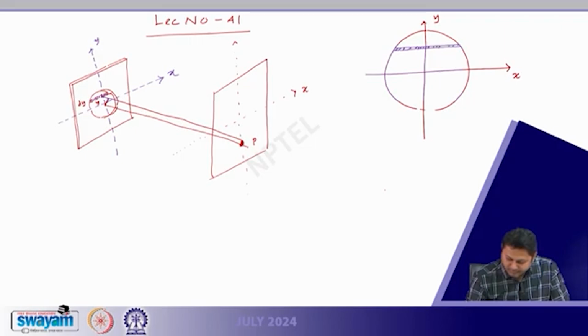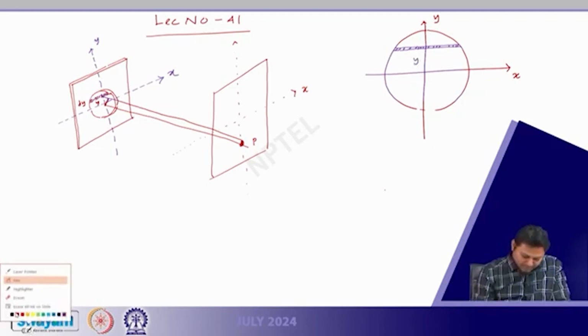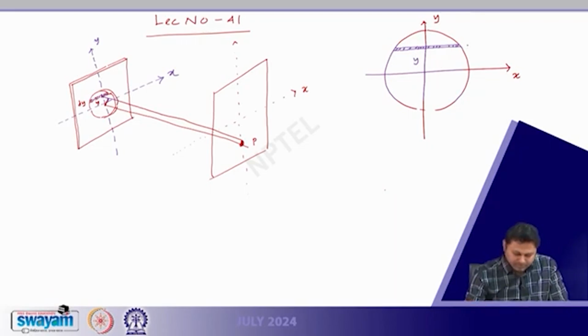So this is my y, and this portion is dy, and if I draw a line here, that is my big X, say.